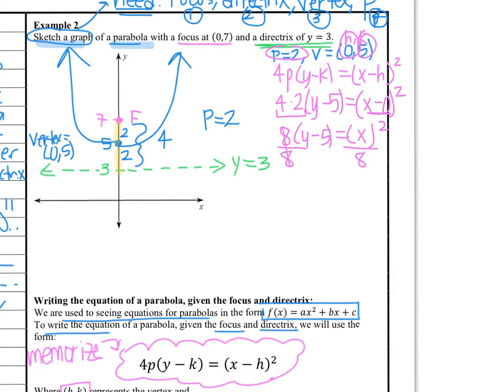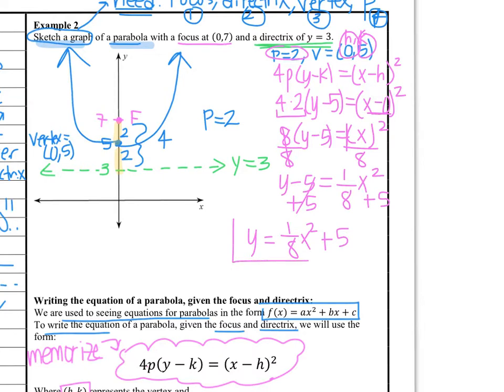Those cancel out. I can drop the parentheses and just write y minus 5 equals, now I'm going to see there's a 1 out in front of the x squared, so I'm going to rewrite this as 1 over 8 x squared. Okay, and then our last step is plus 5 on both sides. And the final answer leaves us with y equals 1 over 8 x squared plus 5.